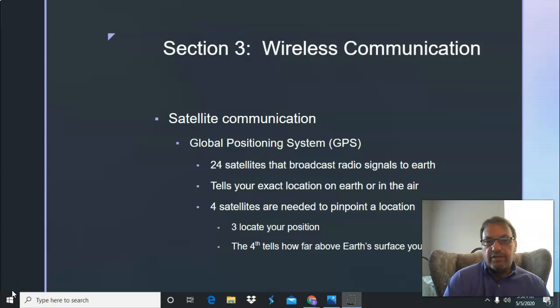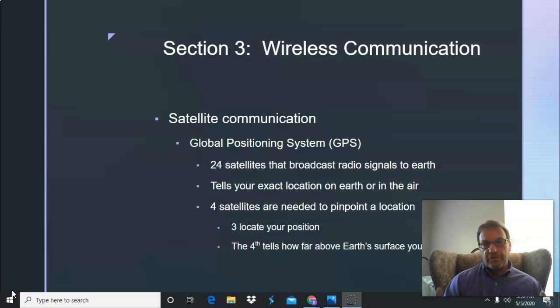Another type of communication, and it's the last one that we're going to talk about in this video, is the satellite communication that enables our GPS, our Global Positioning System. This tells you where you are. It's amazing that on your phone right now you can pull it out and actually get the coordinates of where you are.